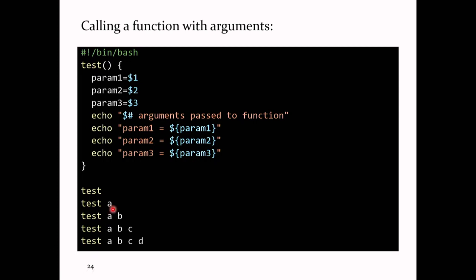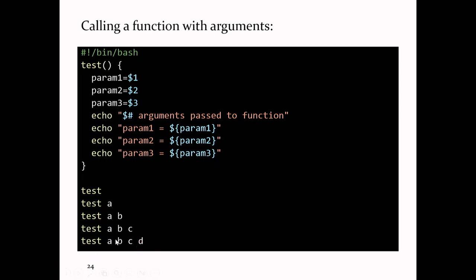If you call it with one argument, then param1 gets set to A in this case. Param2 and param3 are both empty strings. The $# is equal to 1, because there's one command line argument. In the fifth case, when you pass in 4 arguments, this function doesn't use $4, so it doesn't know anything about the D in this case.